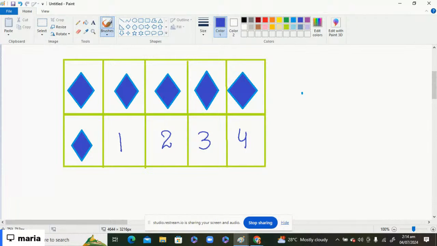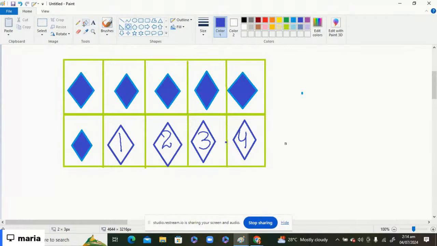The total empty spaces are four. It means that in these four empty spaces we're going to draw these shapes. Understand? How many do we draw? We are going to draw four.